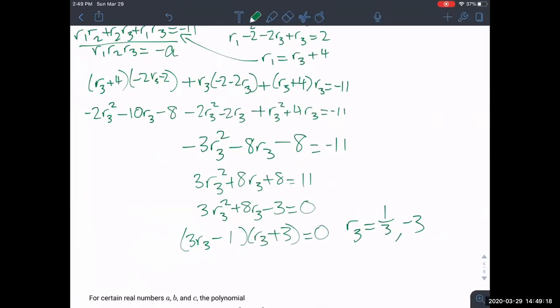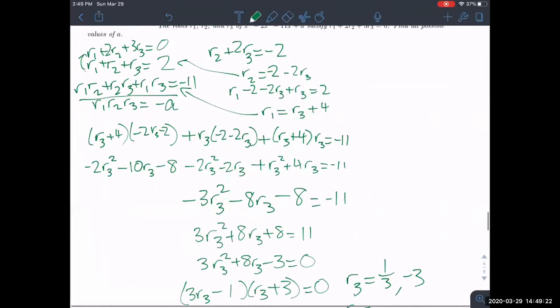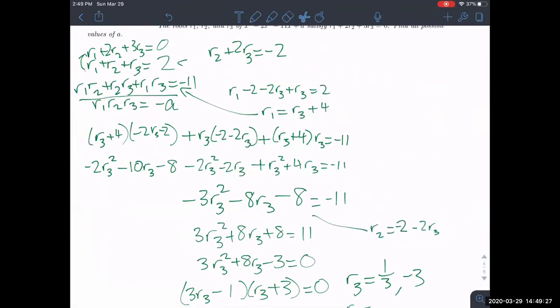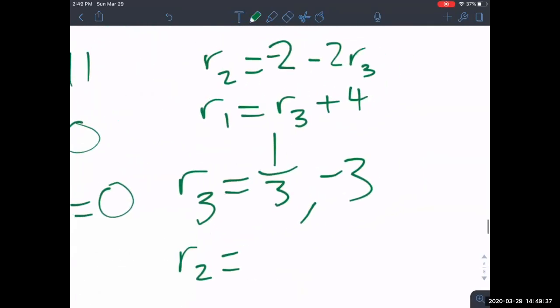Now let's find R2 and R1. I'll pull our formulas for this down here, and pull that here. So our R2 value is going to be, we'll start with the 1/3 case.